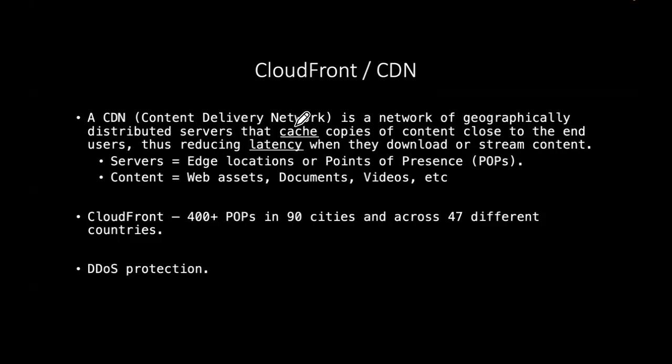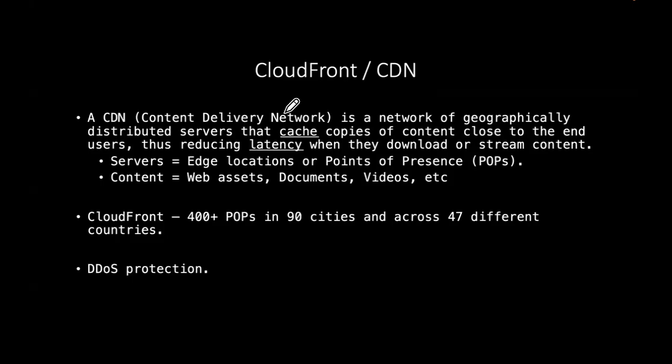And the idea is, rather than users around the globe all accessing your website with all of those requests hitting, in our case, the S3 bucket, which potentially could cause problems from a latency point of view, what the CloudFront service does is cache the contents of my website in these servers or nodes that are distributed around the globe.